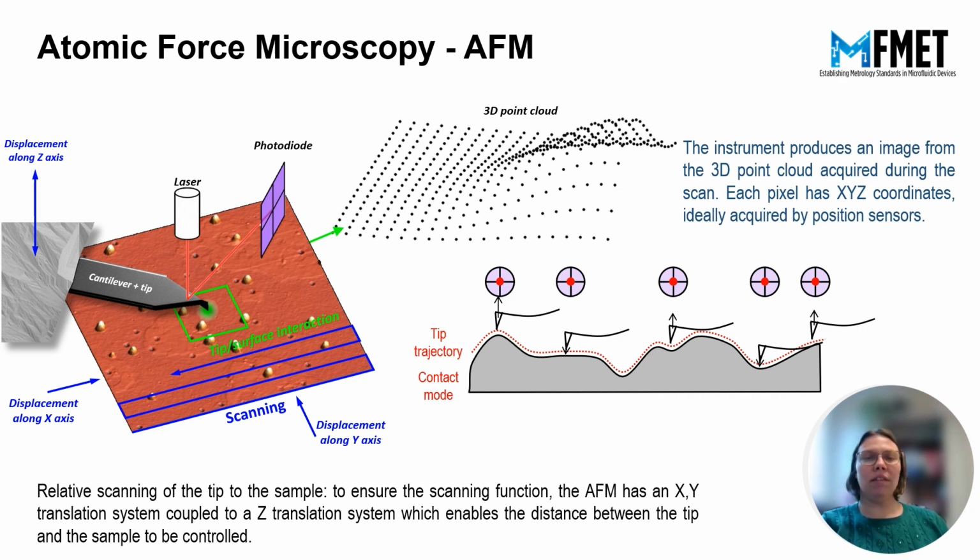Moreover, a feedback system ensures the tip stays at the same distance from the sample at each point of the surface. A 3D image can be constructed by gathering each point of coordinates x, y, z. The reconstructed topographic image consists of a cloud of points.